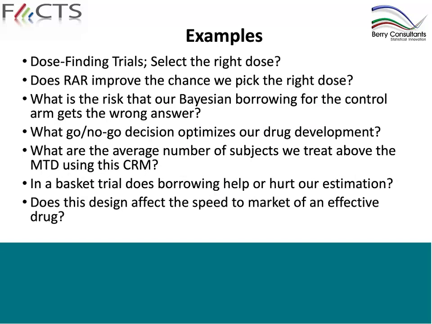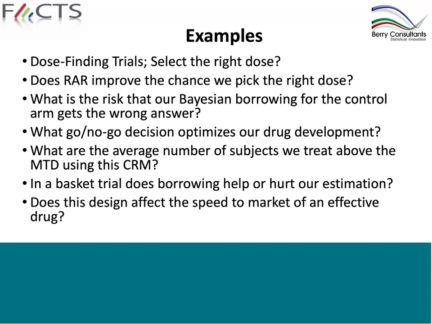Does response adaptive randomization improve the probability of getting the right dose? Improve the go, no-go decision-making for drug developers? We can characterize really interesting go, no-go drug decisions that are based on multiple endpoints and utility functions and calculate the likelihood we make the right decision. We couldn't do that without simulation.